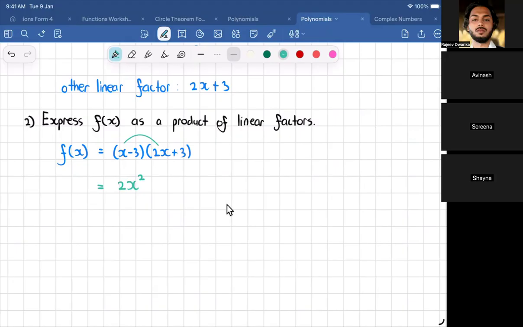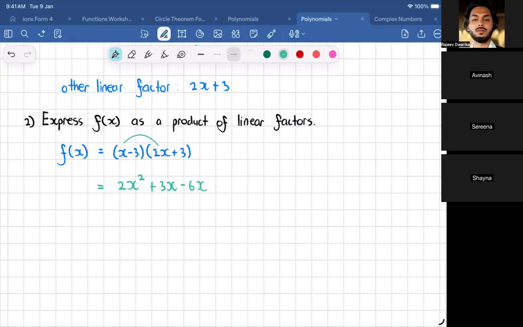What next? Then the x by 3 will be 3x. What next? Then the minus 3 by 2x, so what will that be? Minus 6x. And then minus 3 by 3, what is minus 3 by 3?